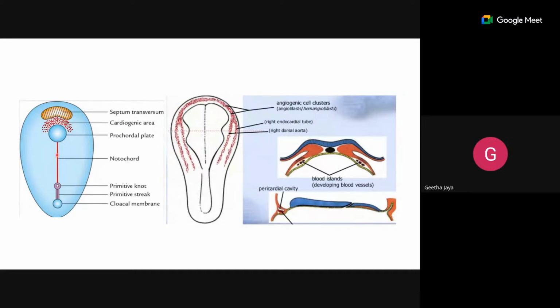The area in front is called the septum transversum. So from the cranial end, we have the septum transversum, the pericardial cavity with the developing heart tube on its ventral aspect, the buccopharyngeal membrane, then in the midline the developing neural tube, and the cloacal membrane, a bilaminar membrane.